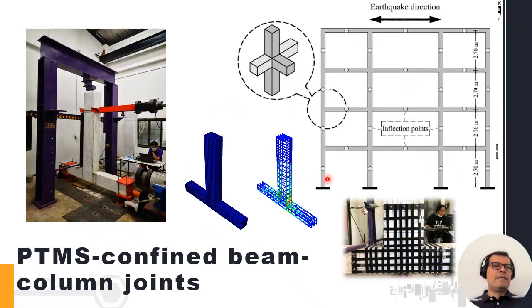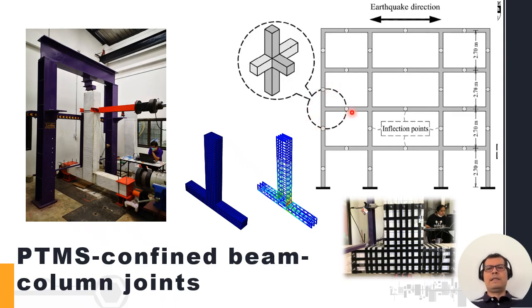These are some of the tests we are doing at the moment at Walailak with my colleagues in Thailand. And in these tests, what we are interested in is exploring recycled aggregate concrete beam column joints confined with metal straps. So if you think of a building, a frame building, we can extract a part of that building.